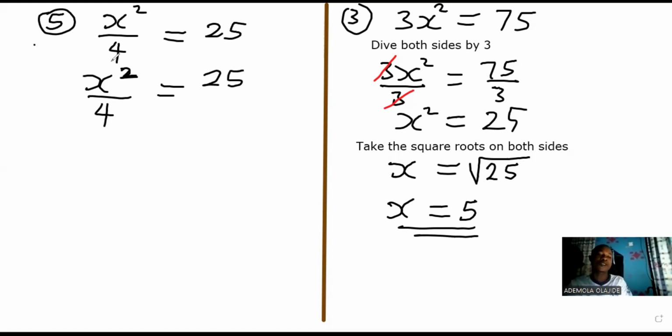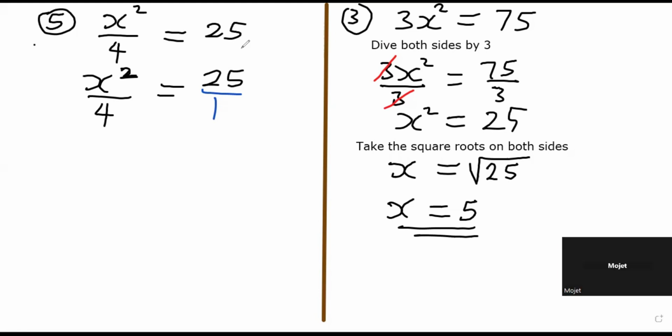Since you want both sides to look like fractions, because you already have a fractional expression here, something over something, write this 25 as a fraction. 25 written as a fraction is the same thing as 25 over 1. Any whole number divided by 1 is still the same number. 25 divided by 1 is still 25. Do you get that?